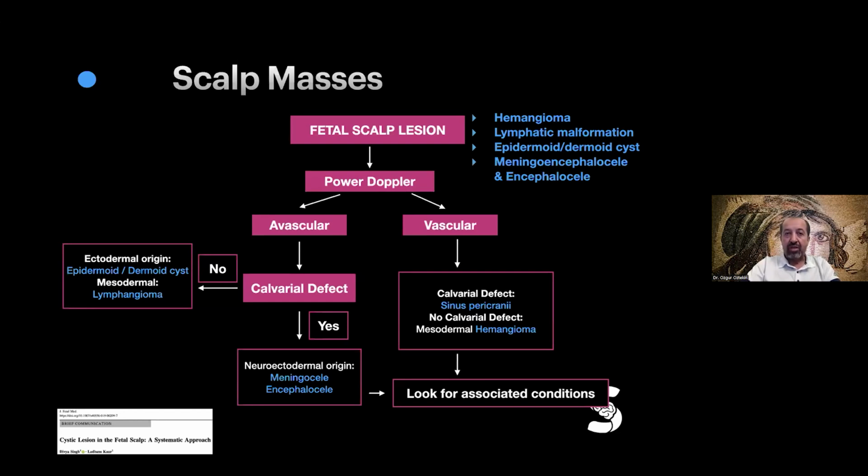An algorithmic approach is very useful. It is based on initial identification of the presence or absence of vascularity in the scalp lesion. The next step is to look for an underlying calvarial defect, whether present or absent.